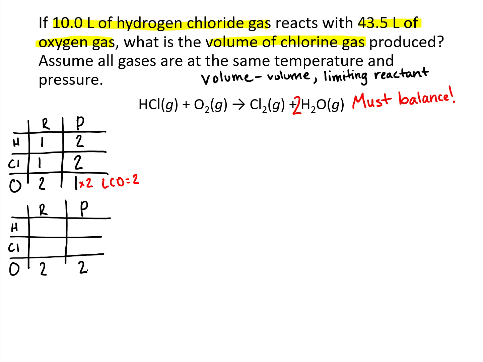So we balanced out the oxygen, but now we've got a bigger problem with the hydrogen and the same problem with the chlorine. Since they're in the same molecule on the reactant side, we should be able to solve this by using the same lowest common denominator. So let's see what happens.